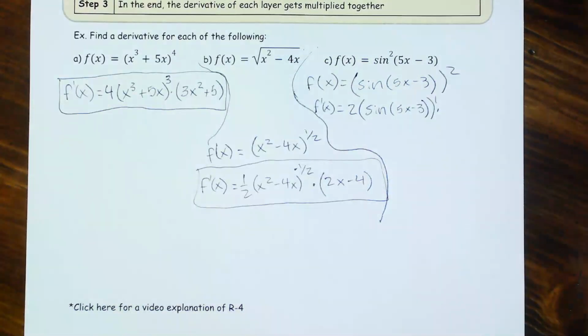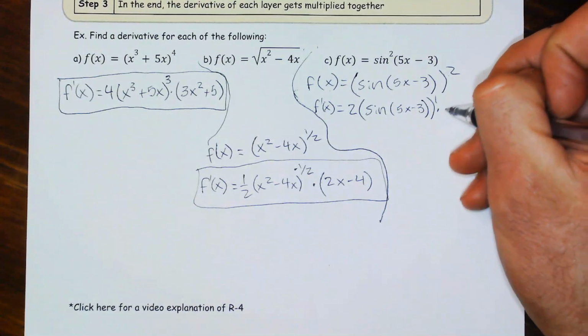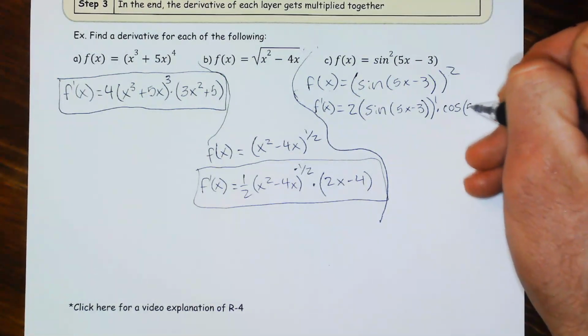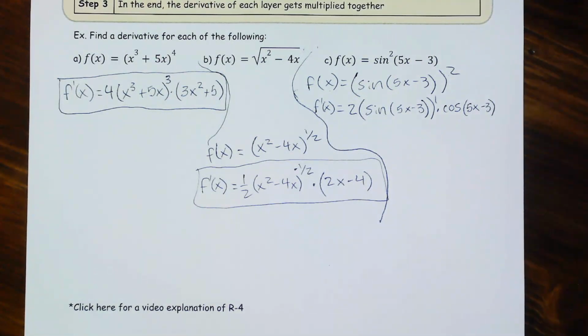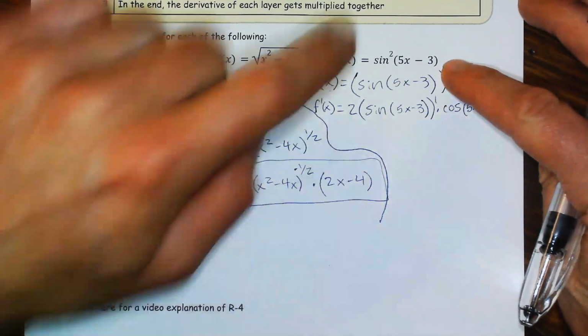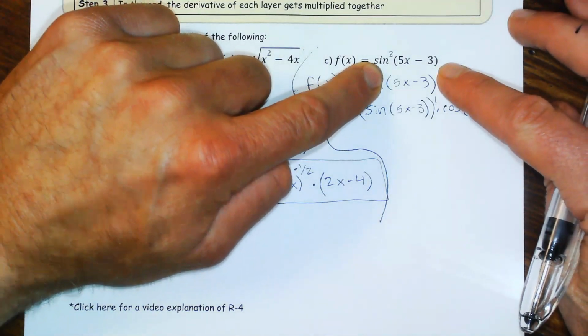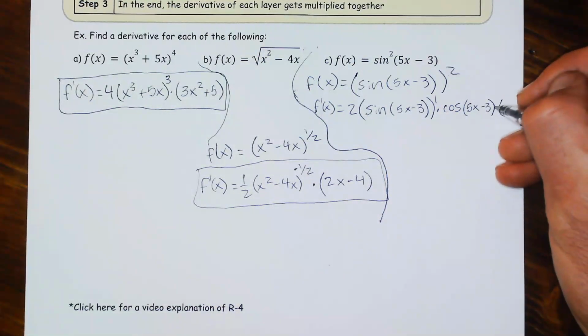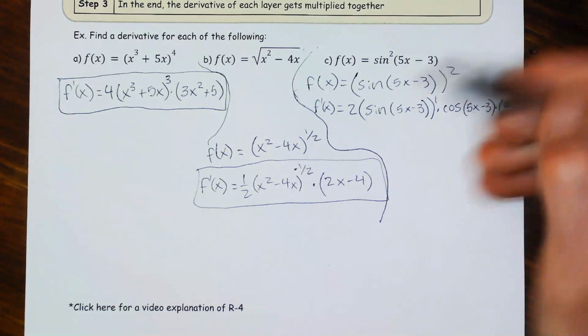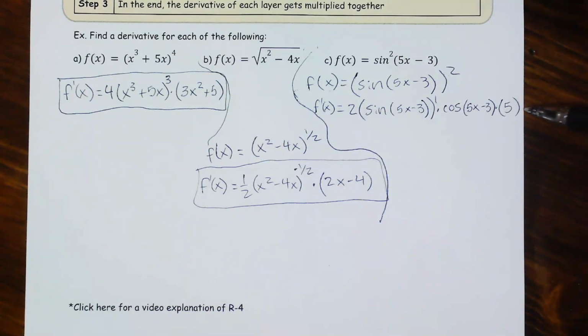Well, it's the sine. I told you earlier the derivative of sine is cosine of, don't touch the inside, 5x minus 3. And then once I've peeled away this square, and I've peeled away this sine, all that's left is 5x minus 3. The derivative of 5x minus 3 is 5. So I have these three things multiplied together.